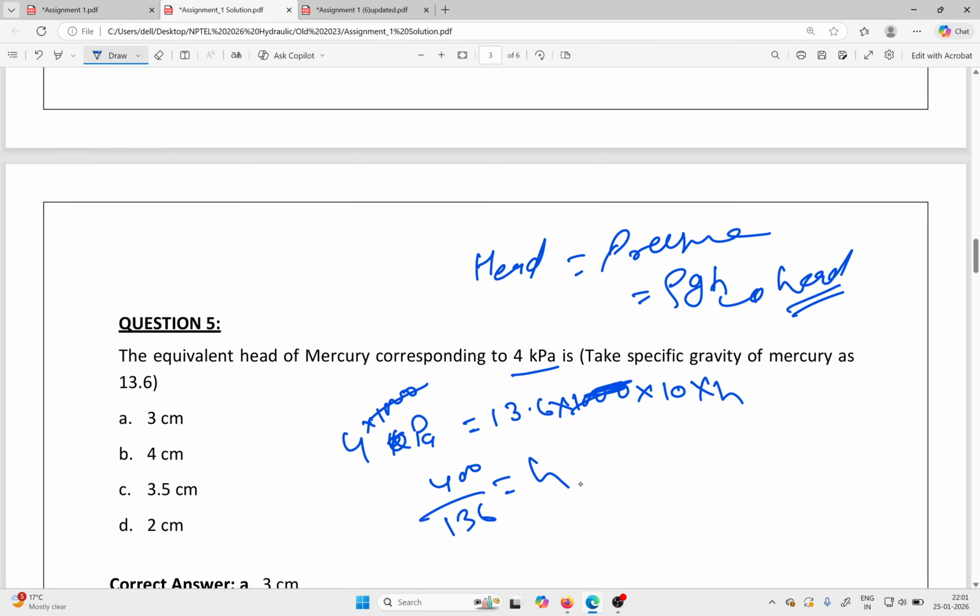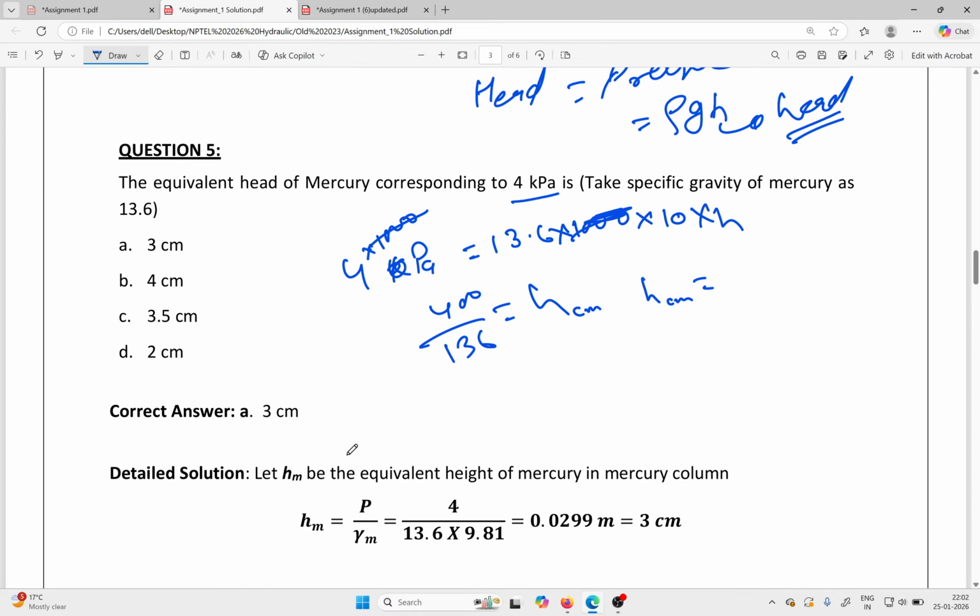So whatever you get will be in centimeters, H centimeter. So it is how much? It is possible to 3 times? Yes. Within 3 times, we will completely. That is very near to 3. So option A will be the correct answer for this. Question number 5.